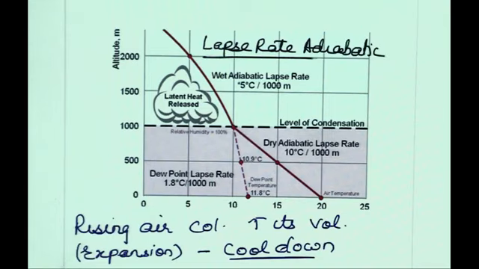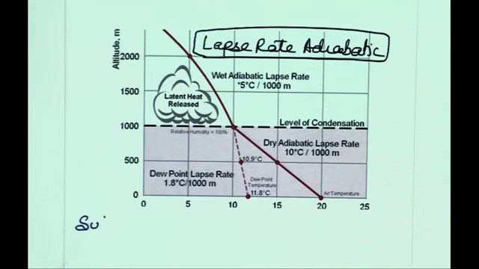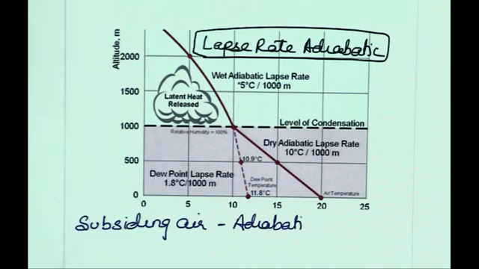So how do I take the adiabatic lapse rate? Adiabatic lapse rate is cooling of the air column as it is subjected to rise. So in continuity, can we easily make another statement? A subsiding air column will be subjected to adiabatic warming.